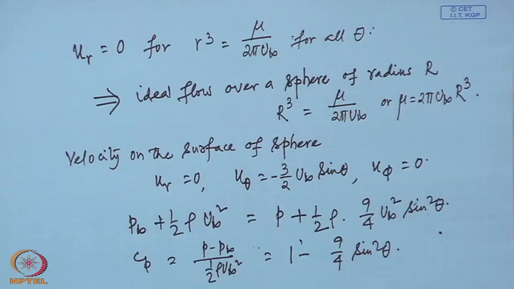This is eventually a general result, that whatever velocity increase or pressure difference is created in 2 dimensional flow, in 3 dimensional flow it is much less. The pressure difference that is created in 3 dimensional flow is less than what happens in 2 dimensional flow.